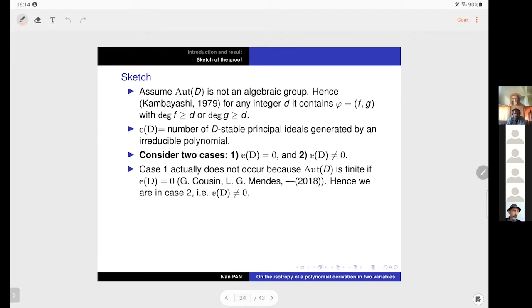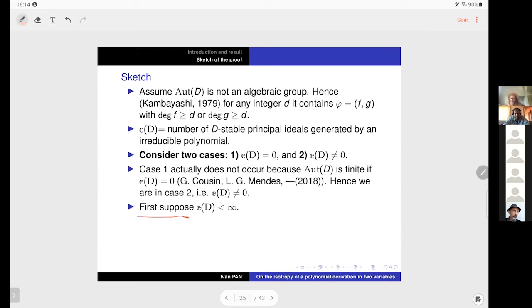And then we are in the case where this number is different from 0. In this case, we denote by capital E such D-stable ideals, and we are assuming that this set is different from 0. And first, suppose that this number is finite.